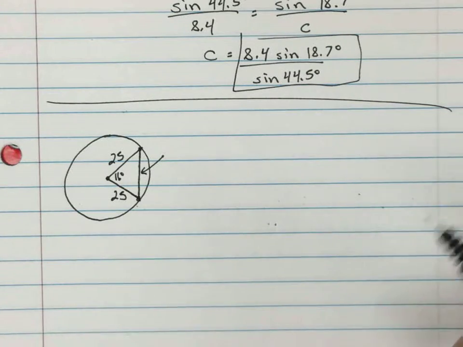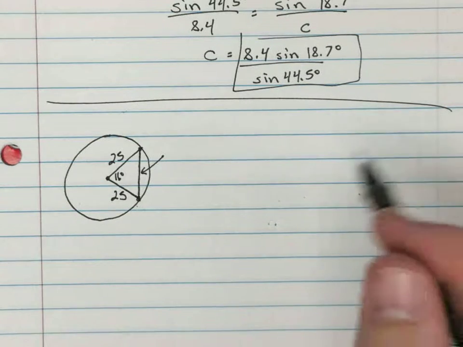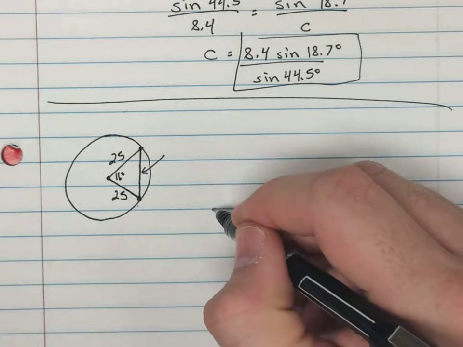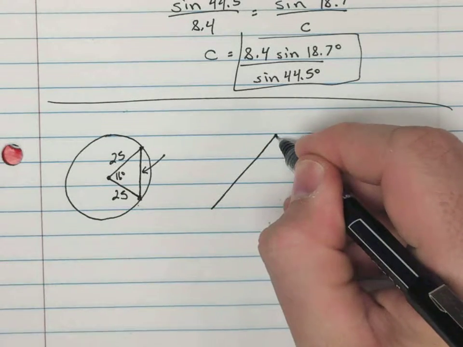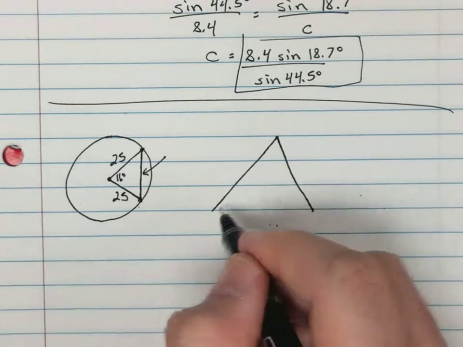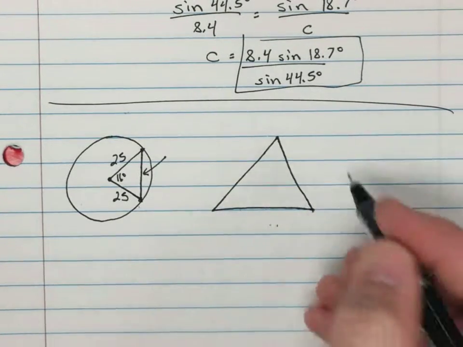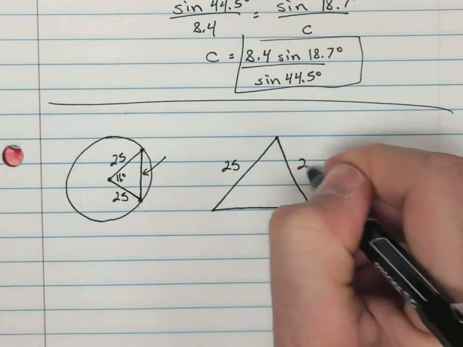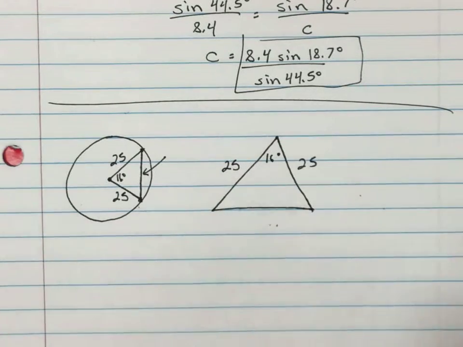This is going to turn into either a law of sines or a law of cosines problem. If you want to use a little bit of geometry, you could actually do it with law of sines. This is how I'd work it, because I want to go back and review some geometry with you. 25, 25, 16 degrees.